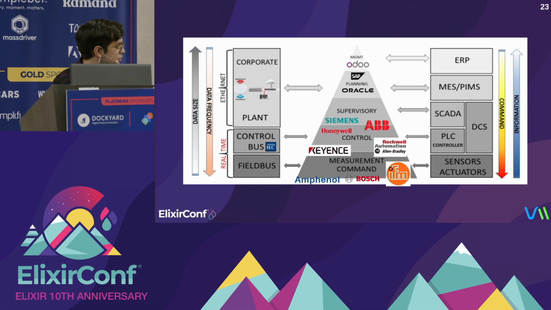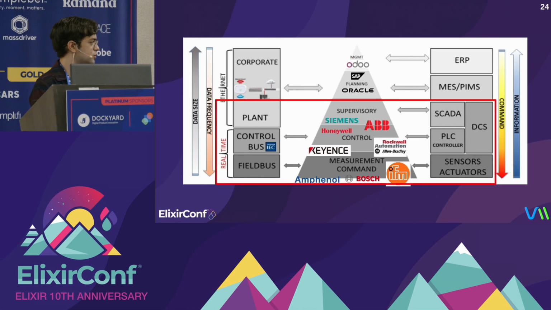Here in this slide I show the ISA pyramid, which describes the interaction between layers of the production data, how they interact, and the devices that are related to them. The most important thing about this slide is the highlighted area where our device is going to fit, and also I want to point out the arrows right there.